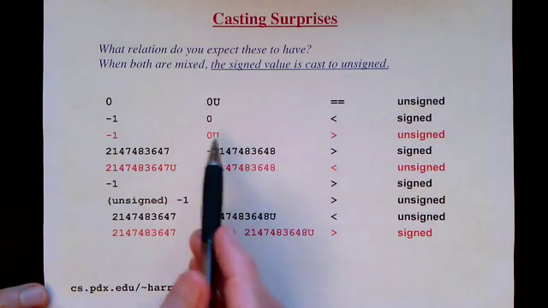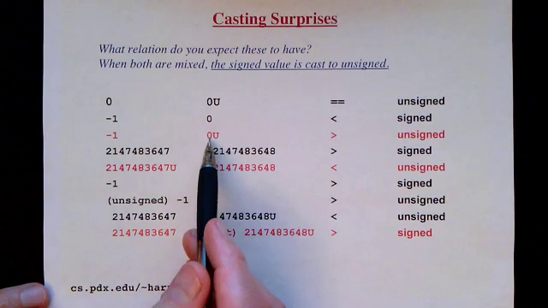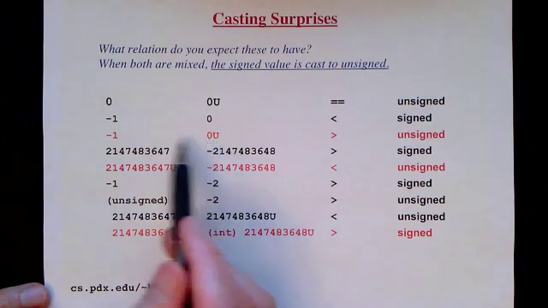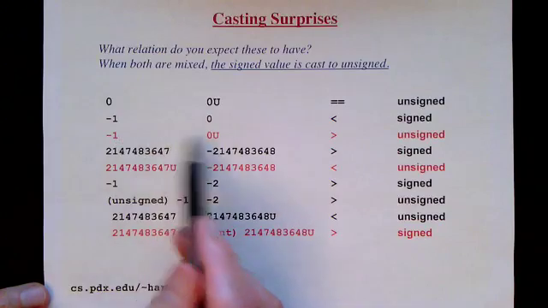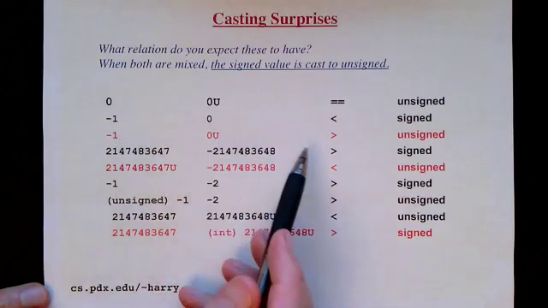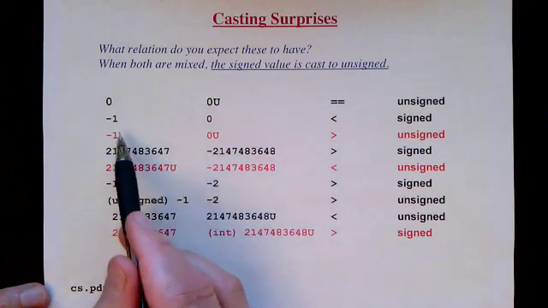Here we've got another example, though, where we get a different result. Here, the 0 is unsigned. So these are the same values, it would seem, except that this causes the C compiler to do an unsigned comparison. So it treats this bit pattern as an unsigned number.